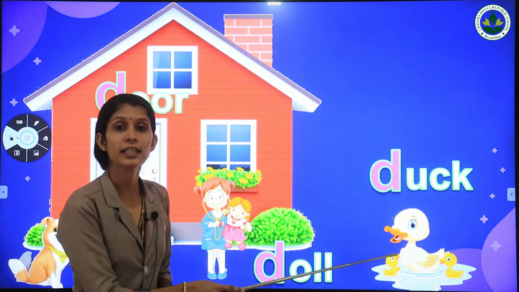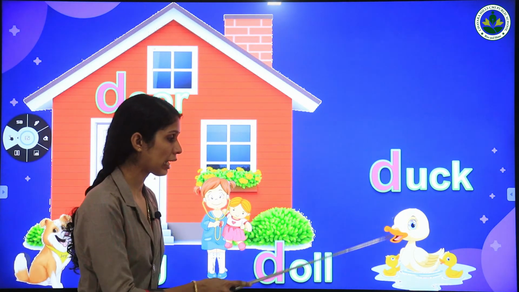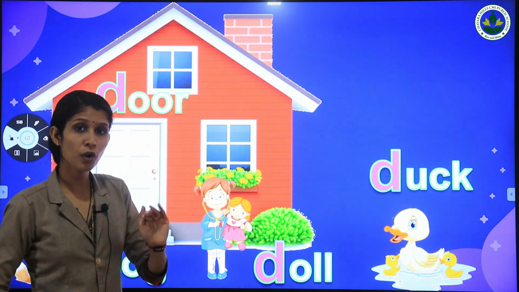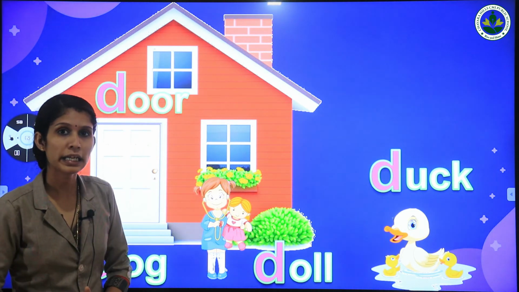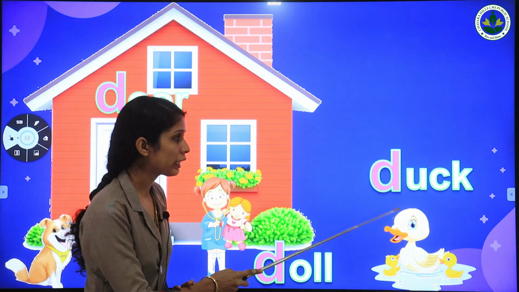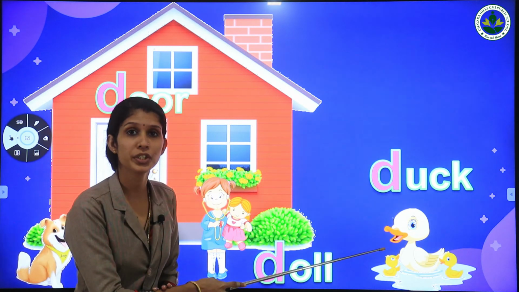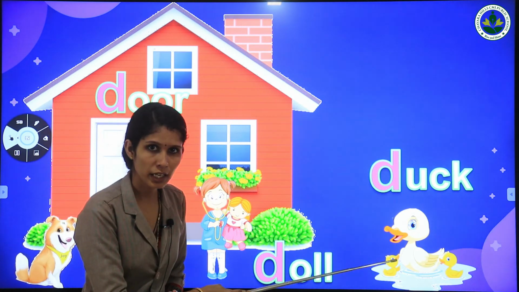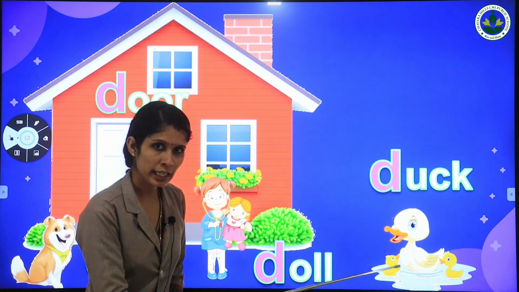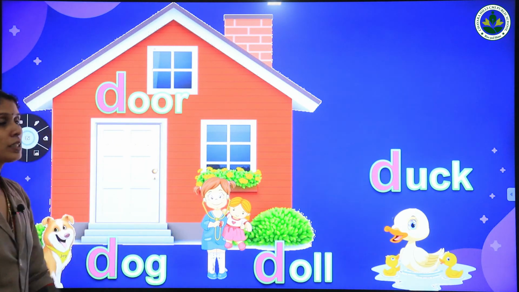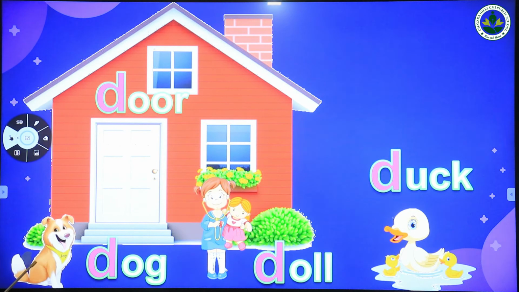What is this? A duck. A duck and ducklings. The baby of a duck is called a duckling. Okay. So D is for duck. Duck.